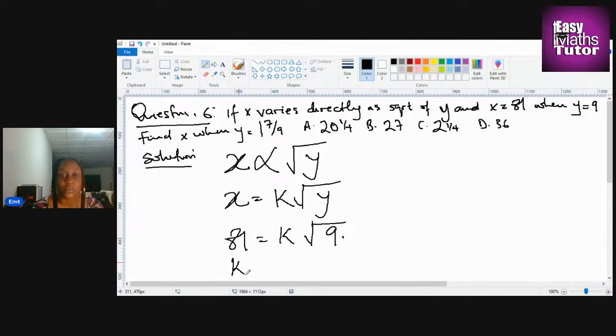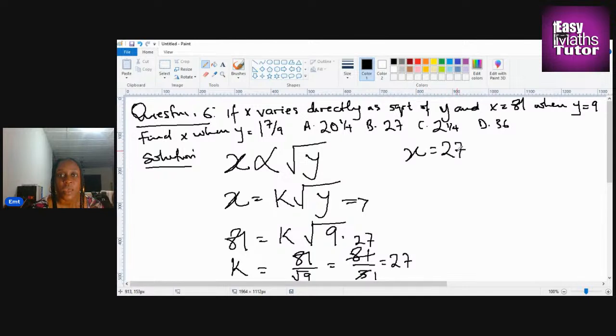Therefore, making k subject of the formula, we divide both sides by the square root of 9, giving us 81 all over the square root of 9. So we know that 81 over 3, 3 goes into 81 twenty-seven times. So k is 27. So we'll substitute k back into this equation, giving us x is equal to 27 square root of y.